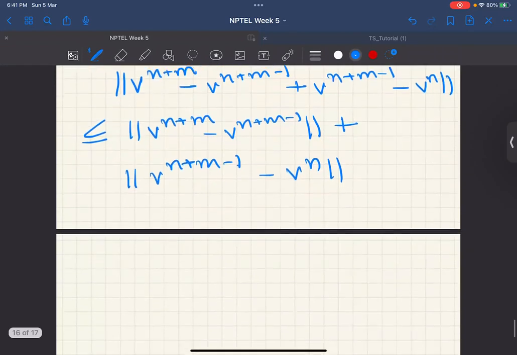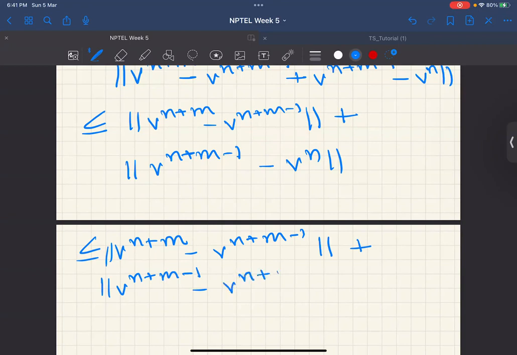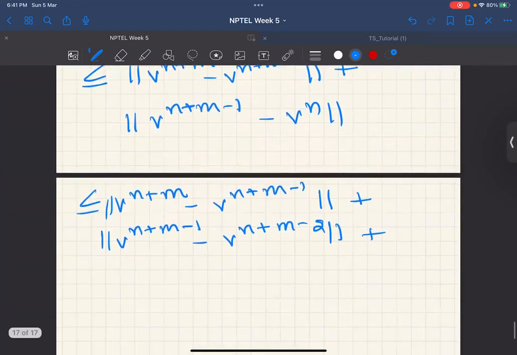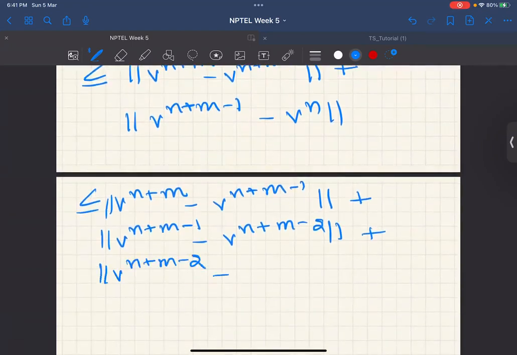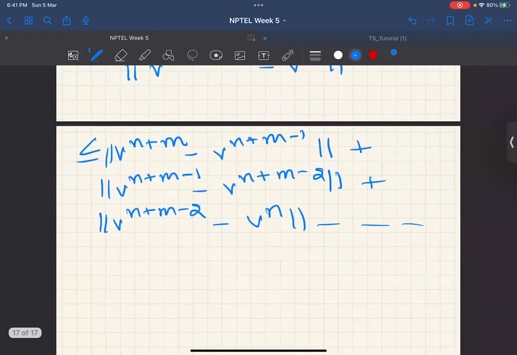Or you can split it again: Vn plus m minus Vn plus m minus 1, plus Vn plus m minus 1 minus Vn plus m minus 2, plus Vn plus m minus 2 minus Vn, and so on. Wait a second, let me write, I'll explain to you.